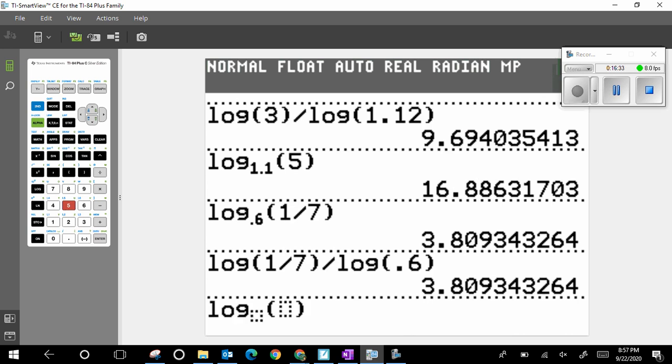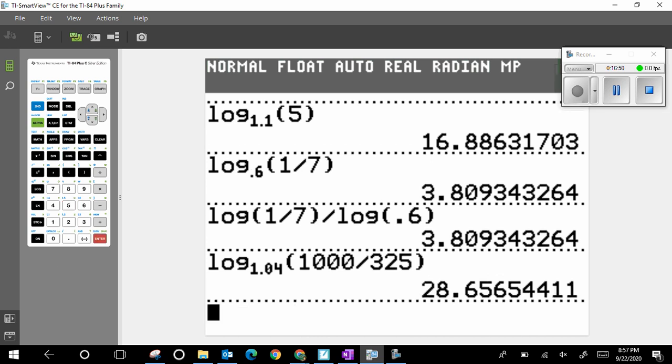So I had log base 1.04, arrow over, 1,000 divided by 325. Parentheses are already closed, so press enter and you get 28.7 years.